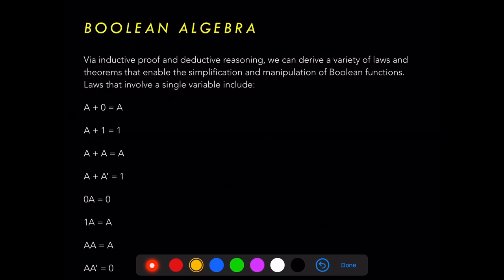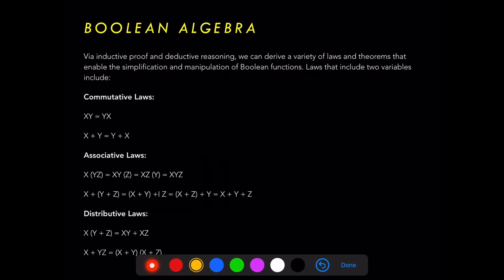There are a wide variety of Boolean properties that come from perfect induction, some from deductive reasoning, and some from a combination of both. All the ones shown here are those for a single variable, here denoted by A. And these expressions are applied many times to simplify Boolean expressions, but we also have a variety of laws that require 2 variables, or even 3 variables.